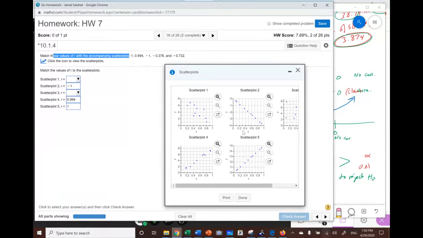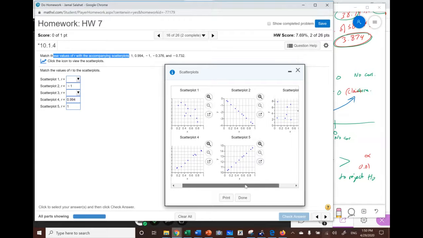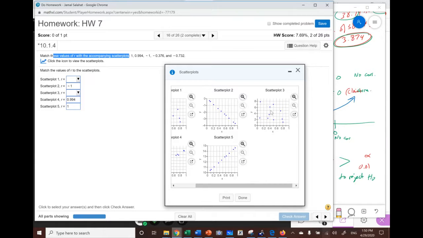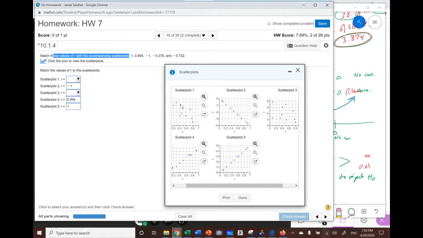Now, what about the rest of them? Number 1 is going down, and number 3 is going down. But if we compare number 1 to number 3, in number 1 the dots are going down and closer to each other.